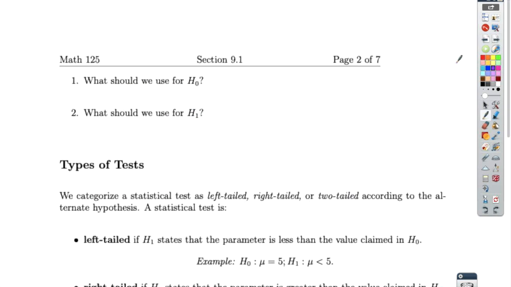Flipping to the next page, the question is, what should we use for H naught? Now, H naught is the null hypothesis, and the null hypothesis, first of all, represents that there's no change. We don't change anything. And also, it's always going to have an equals sign.